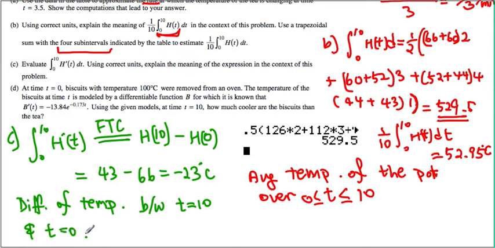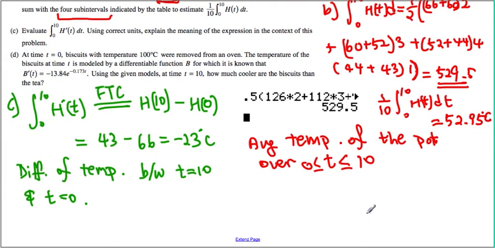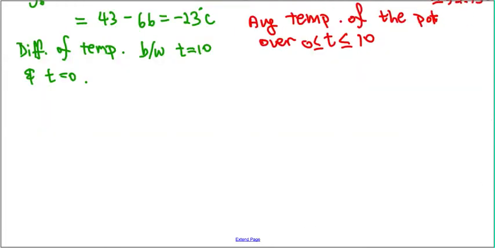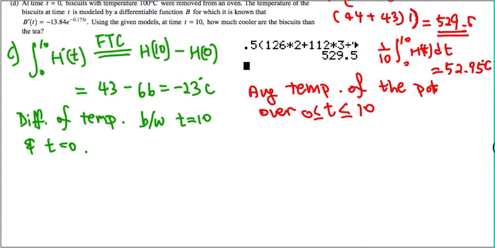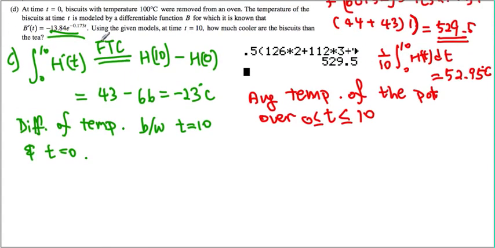Now, let us try to answer D. At time t equals 0, a biscuit with temperature 100 degrees Celsius was removed from an oven, and B prime of t, which represents the change of the temperature in the biscuit, is given in this way. Now, we need to see how much cooler the biscuit is than the tea. So first, what we like to do is put that expression right over here into our calculator.